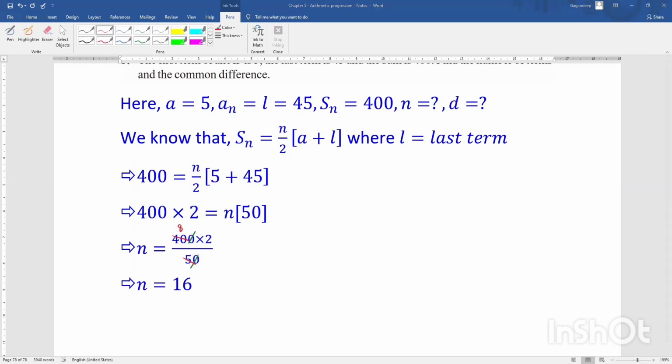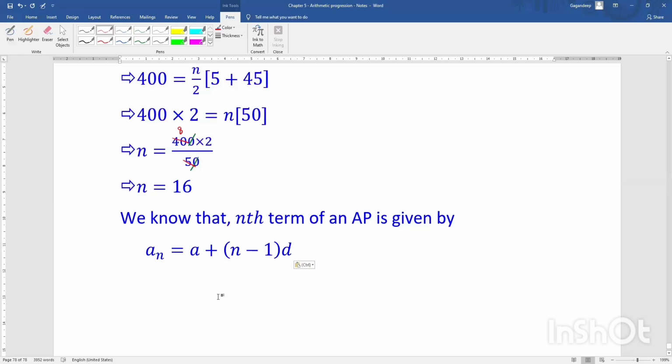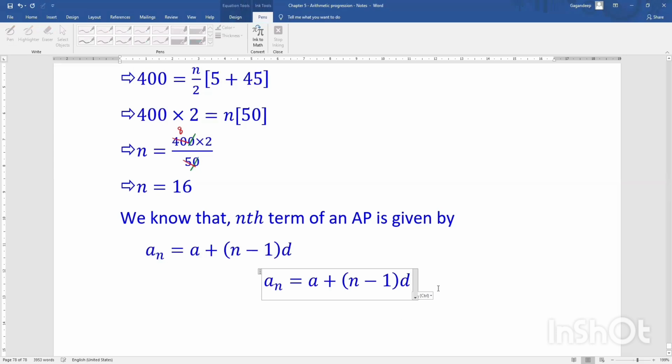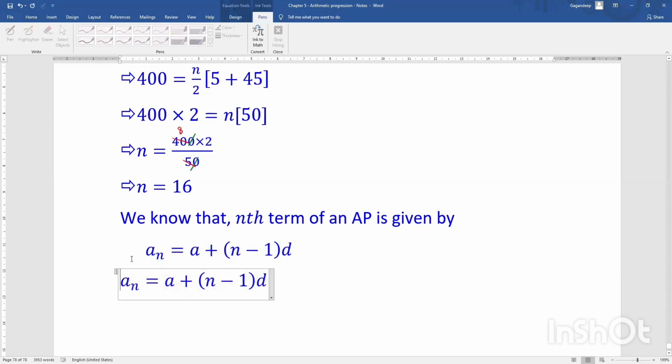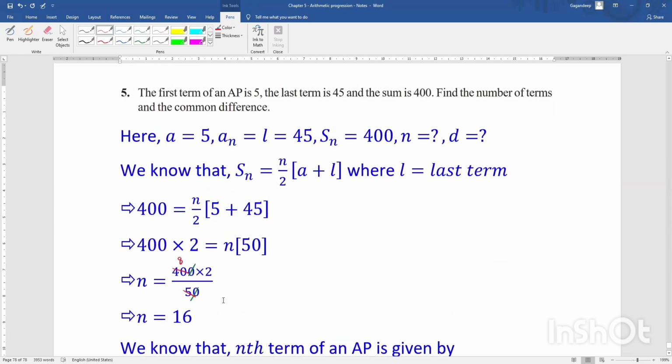And then we are going to take the nth term of an AP formula. So we know that the nth term of an AP is given by an is equal to a plus n minus 1 into d. Okay. Now here I'm going to do the substitution. So I copy the same formula here, and then here we have the an value.